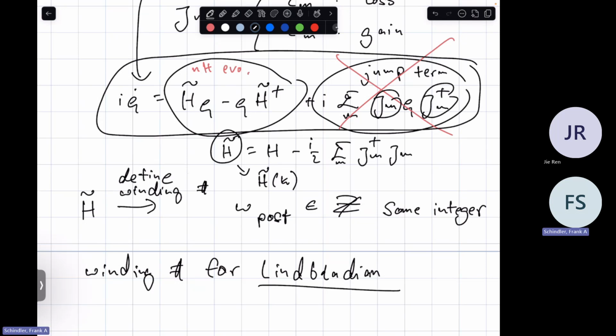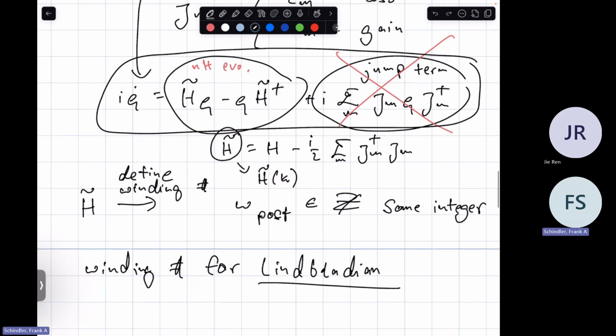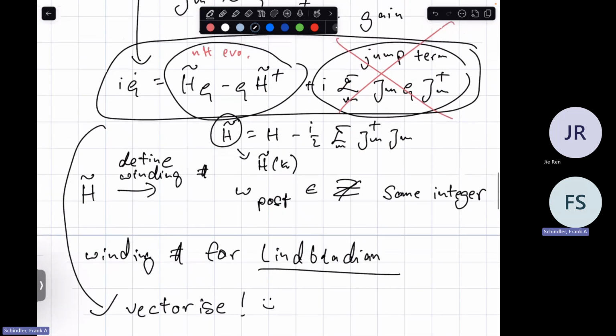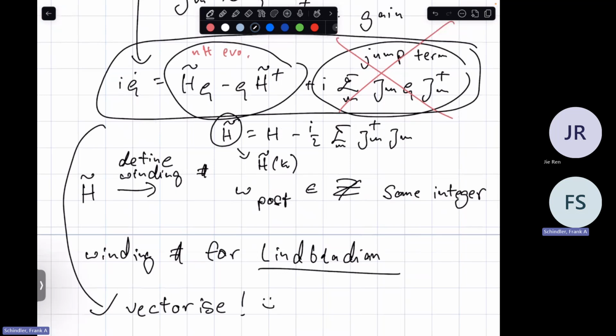So what we do is this thing called vectorization, where we turn this thing into a vector. Basically you can imagine taking your density matrix rows, and then writing all the rows one after each other to make a very long vector. You just flatten the matrix into a huge vector.